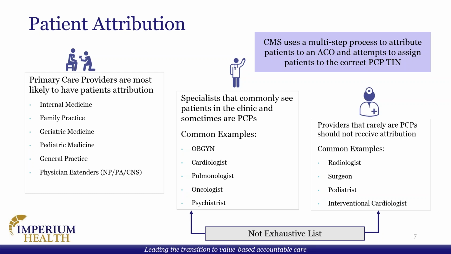But again, the focus is really how can Medicare and how can we as an ACO make sure that those patients are attributed to the right PCP, and if not the right PCP, maybe the right specialist that functions like a PCP, and hopefully not to those interventional cardiologists or radiologists, because they're less likely to be concerned about some of the quality measures or even thinking about some of the continuity of care components that really help an ACO to be successful.